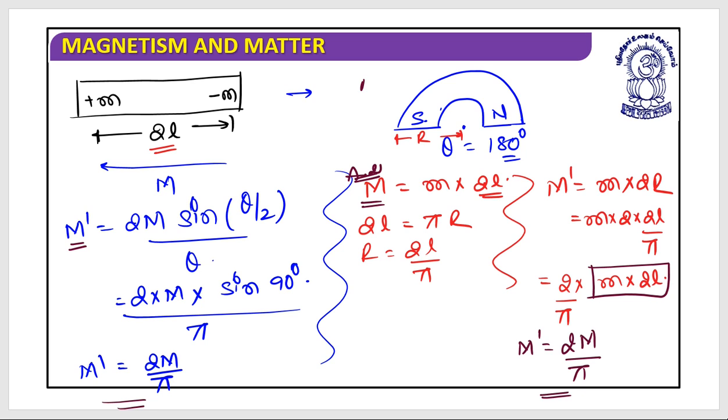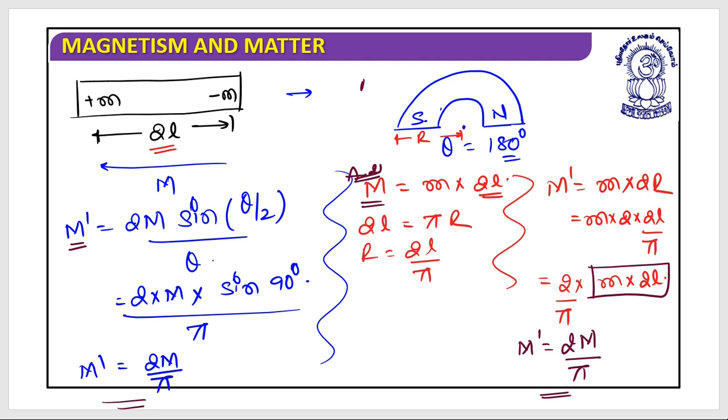But even if you have forgotten the formula, because it happens sometimes that we go blank at a certain moment and don't remember whether it was sine theta or cos theta, then the manual approach must be there so that we can have an answer. It may take some time, but at least we have an answer.